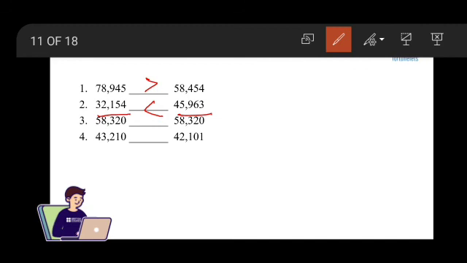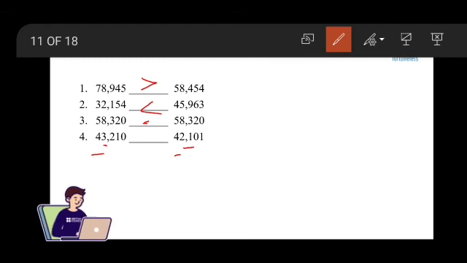So 32,154 is less than 45,963. In the third example, if the numbers are equal to one another, we put the equal to symbol in the given space. 43,210 to be compared with 42,101.